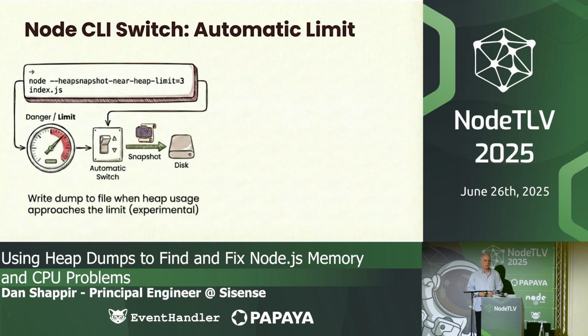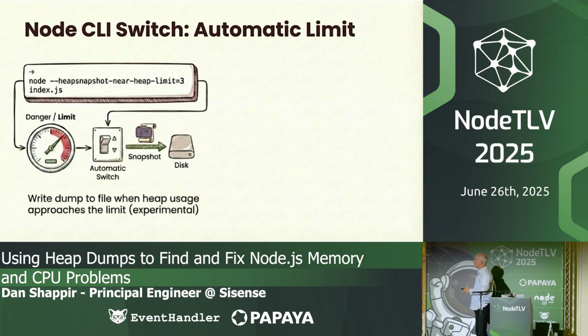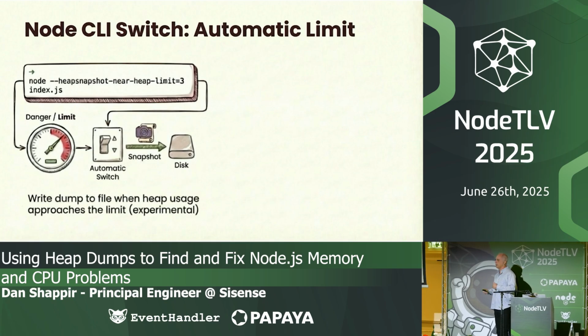Another approach that's probably better for production environment is using node command line switches. And a very interesting one, which is actually experimental, is the heap snapshot near heap limit flag. If you put in that flag and you put in a number, and we'll explain in a minute what that number is for, when a heap limit is neared, you're kind of approaching that limit, a snapshot file will be automatically generated.